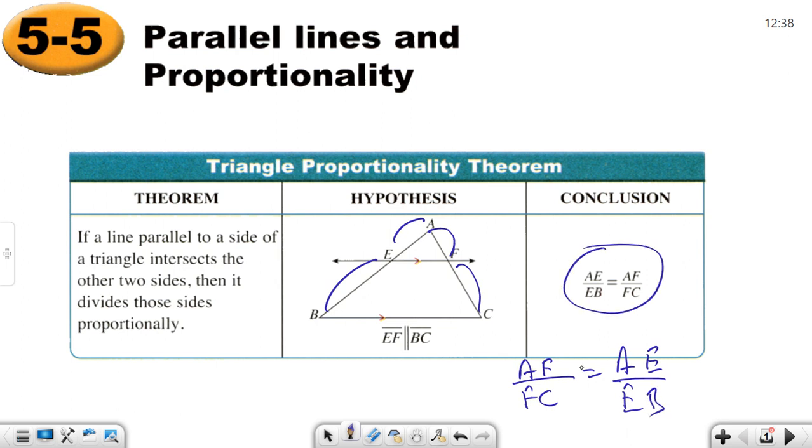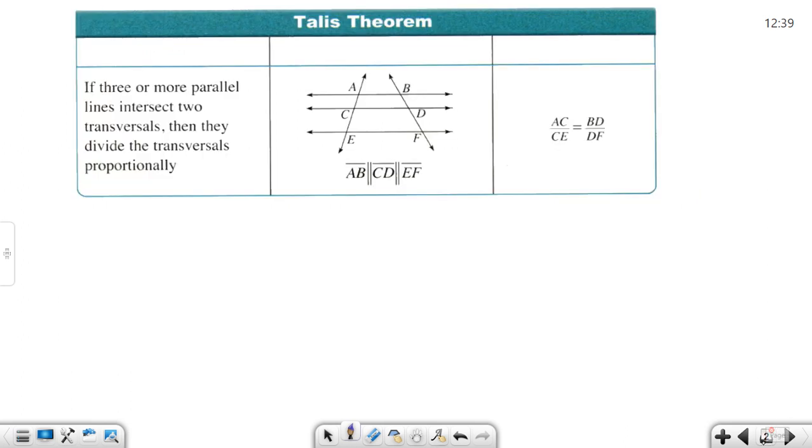Of course, you can write AE over EB equal AF over FC, and be careful, that's not equal to EF over BC. That's very important here. If a question comes about EF and BC, that means we have to use similar triangles.